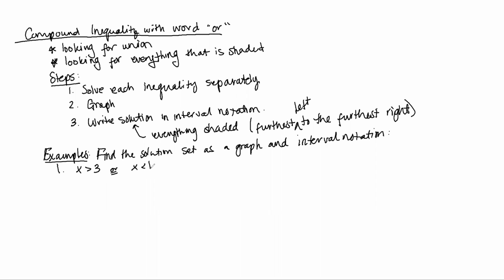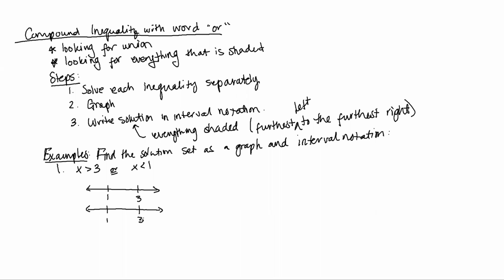So let's go ahead and look at our graph for this one because they're already both solved. I'm going to start off with 2 number lines and we'll combine it into 1 for our solution set. Just like we did before, I'm going to make sure that the tick marks are lined up. So we have a 1 and a 3. Careful with that one. So 1 on the left, 3 on the right.